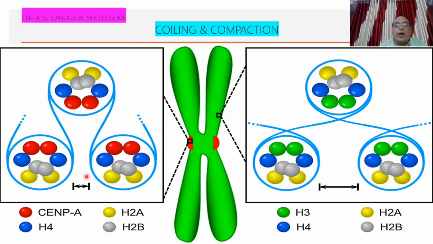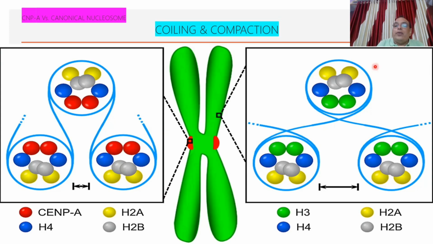So as far as the compaction between the two nucleosomes is concerned, the compaction is more than the canonical nucleosome, but the entry and exit point of the DNA, which wraps the centromeric nucleosome, has not been tightly noosed. It has not been wrapped that tightly, and this loose wrapping is represented by the DNA not crossing each other.